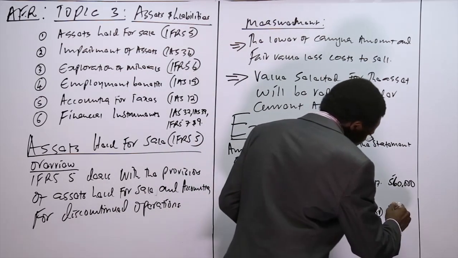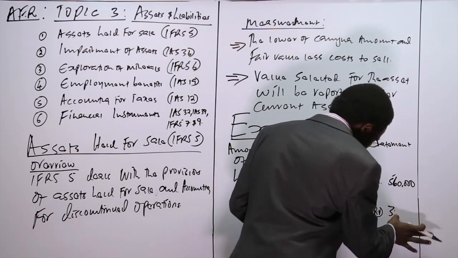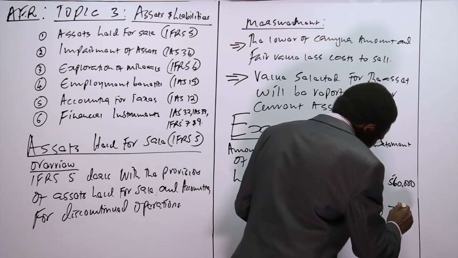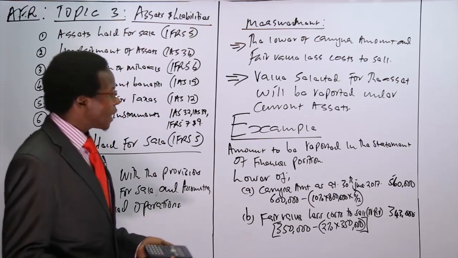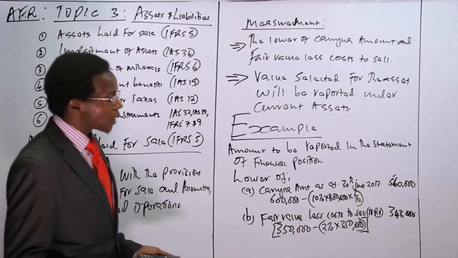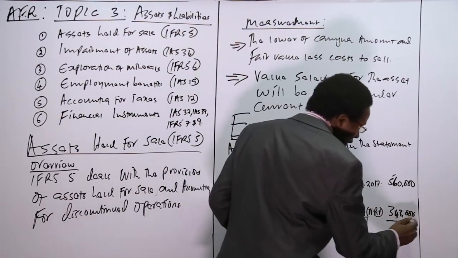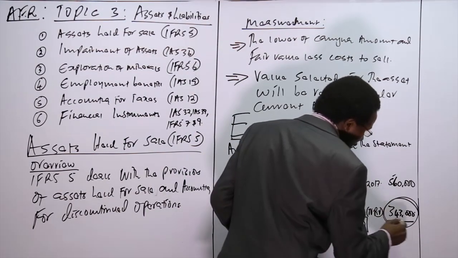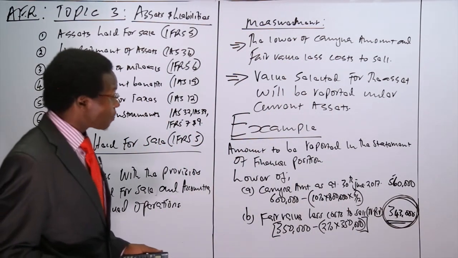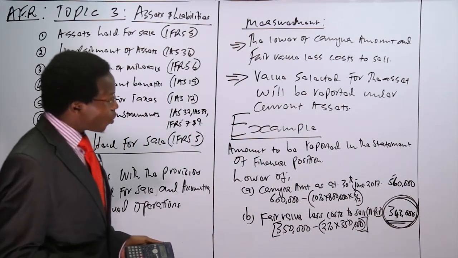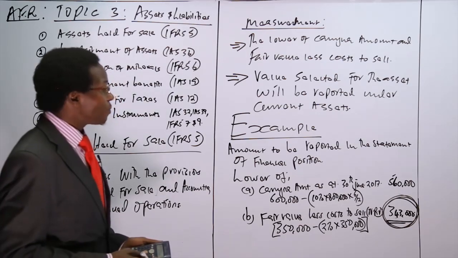So friends, as you can see, the lower of, definitely the amount to be reported will be the 343,000. That's the amount we're going to report in our statement of financial position. But again, you need to know that there is a loss of value.